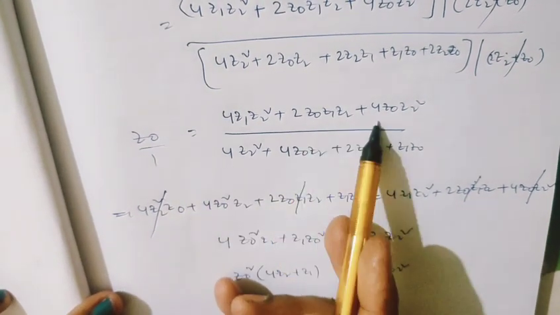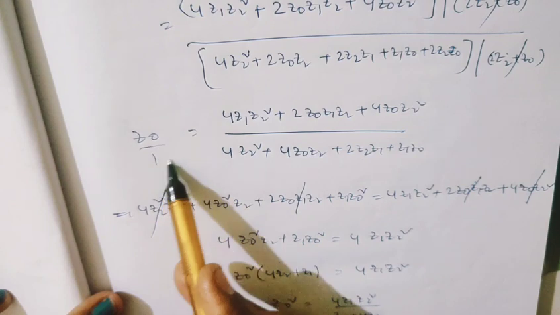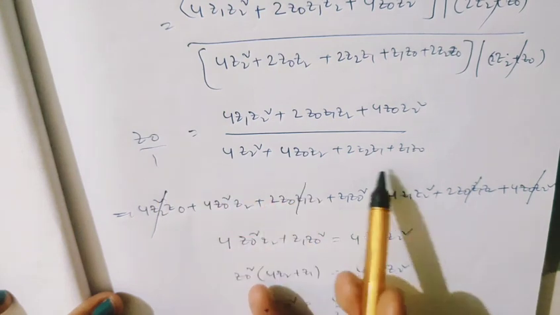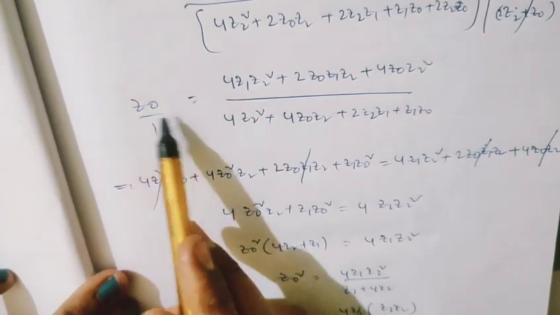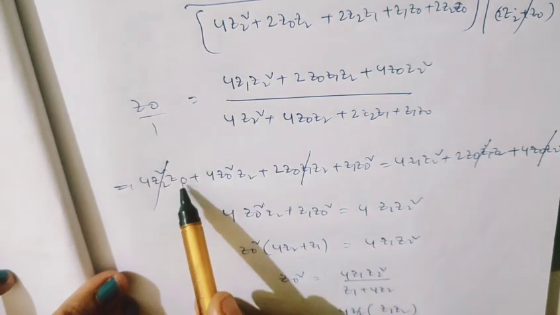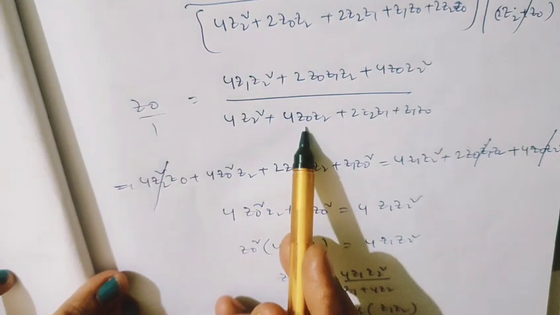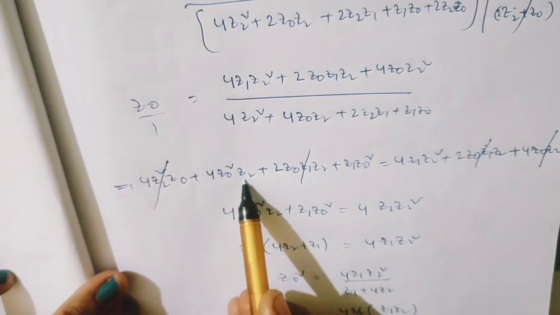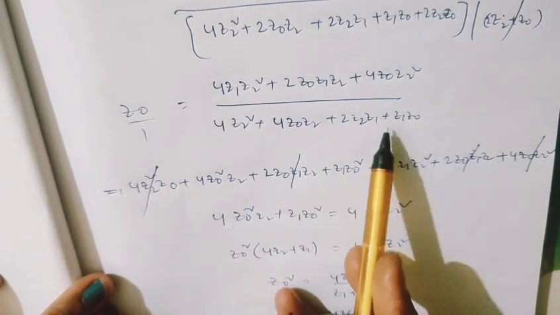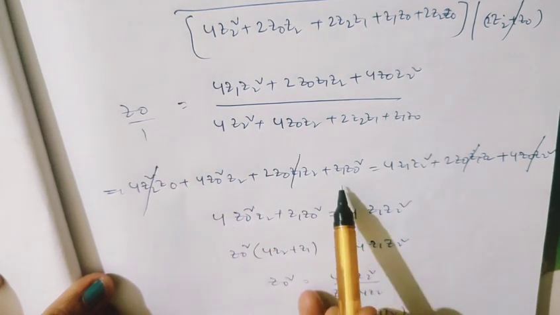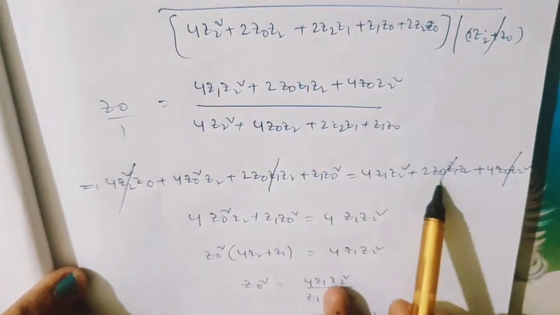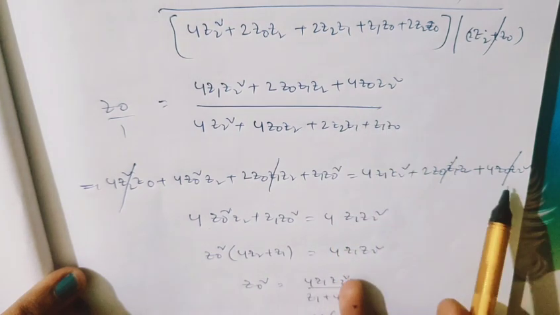Now here we have to find out the Z0 value. Therefore I am applying the cross multiplication. So we will get Z0 term into this denominator term, and this one into this term. Upon multiplying, we will get Z0 into 4Z2 square, that is 4Z2 square Z0, plus the second term 4Z0 Z2 into Z0, that is 4Z0 square Z2, plus Z0 into 2Z2 Z1 Z0, plus Z1 Z0 into Z0, that is Z1 Z0 square, should be equal to 4Z1 Z2 square plus 2Z0 Z1 Z2 plus 4Z0 Z2.